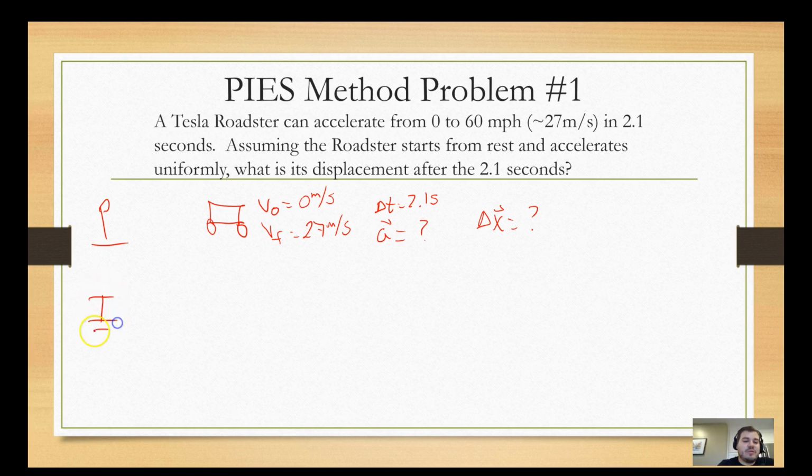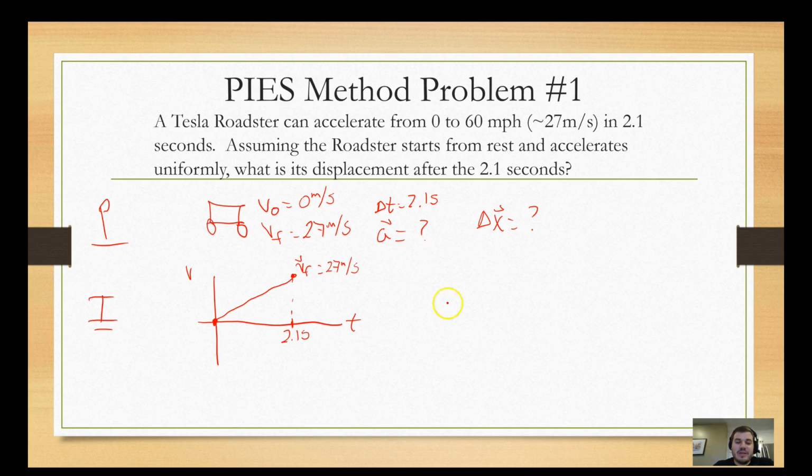So first thing we do is make a VT graph to model the information. On this VT graph, what I want to do is show that I start from rest. I have uniform acceleration. Now, we're not told if it's positive or negative, so always make your life easier. We'll assume positive direction. And we go to a v final that is equal to 27 meters per second. And we know that that time is 2.1 seconds.